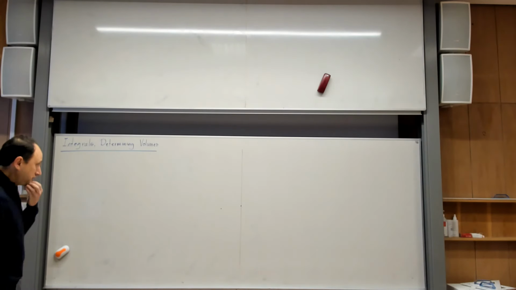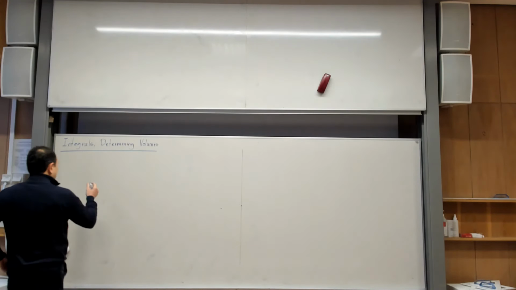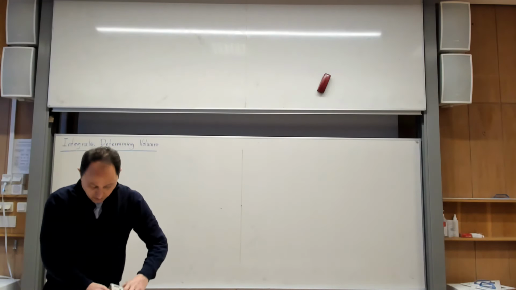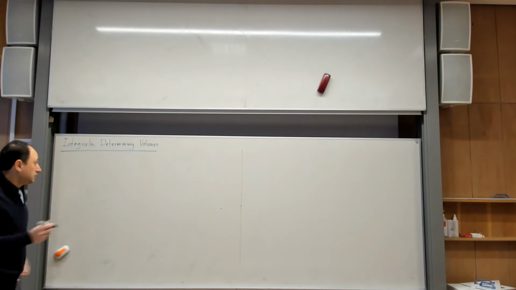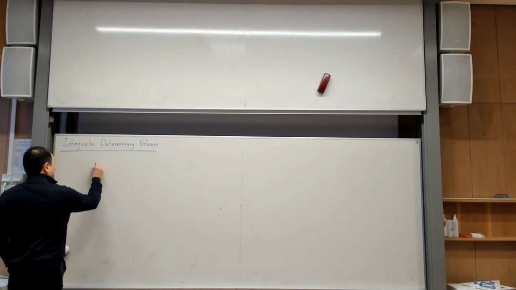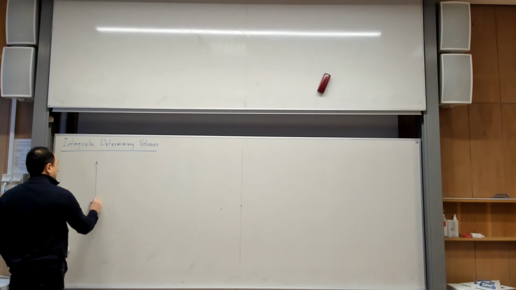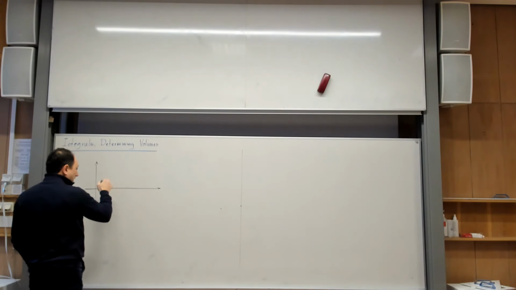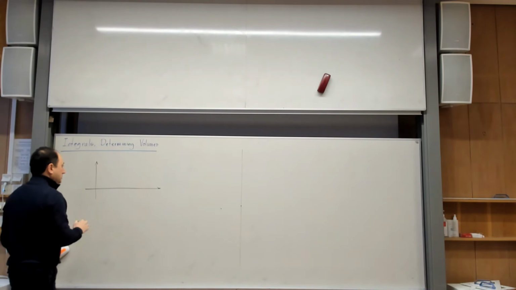So the fundamental problem here is this. You have a curve. Let us for the time being consider that I have a curve in the interval that I am interested in.